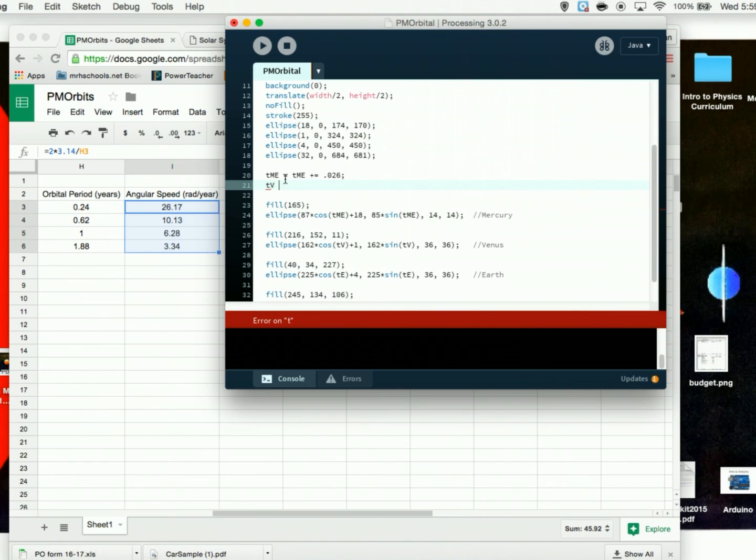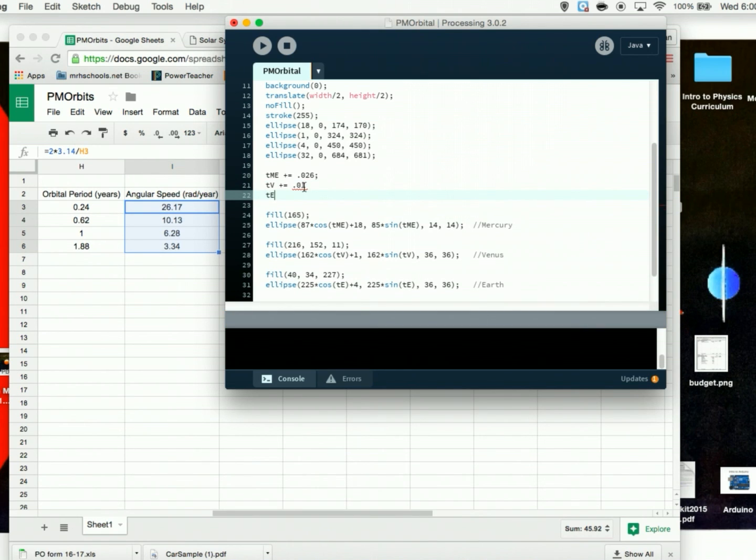And we want Venus, oops, kind of mixed and matched my notation here. So we want TME plus equals 0.026, which means each iteration we want to add that amount to our value. And for Venus, we want to use 0.01. For Earth, we want to use 0.00628.